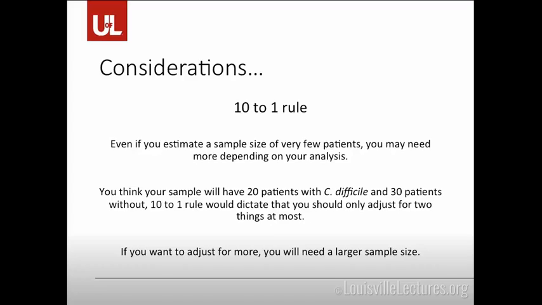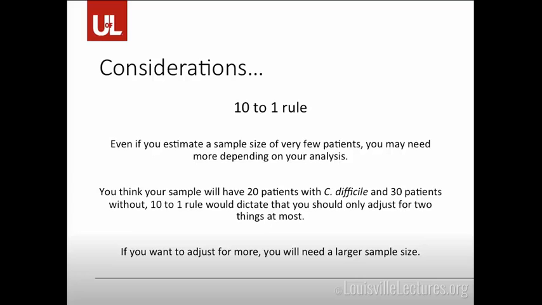diff or not. What it's saying is that if you have, say, 20 patients that ended up getting C. diff in your sample, then you could adjust potentially for, say, age or race or something else. Whereas if you had 50 patients with C. diff and they were the smallest group, say you had 150 without, then you could look at potentially up to 5 things.